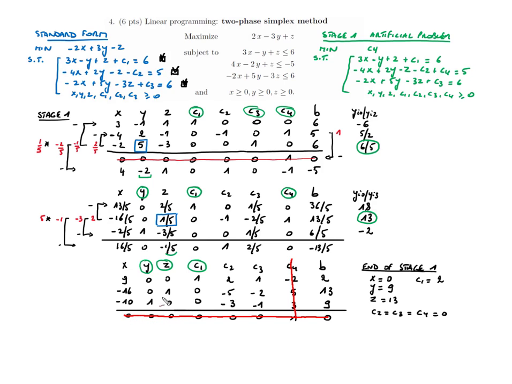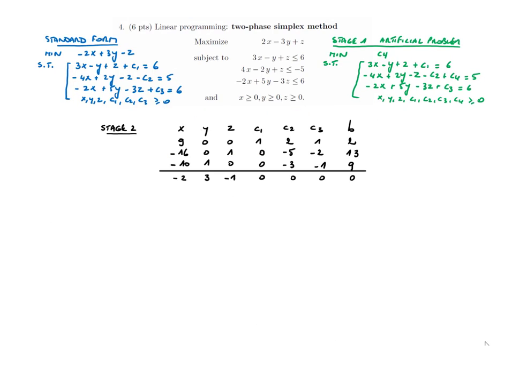And what we'll have to do is write the cost involved in our standard form, and this will be minus 2, 3, minus 1, 0, 0, 0, 0. So as explained before, this is how we initiate stage 2 with this tableau.